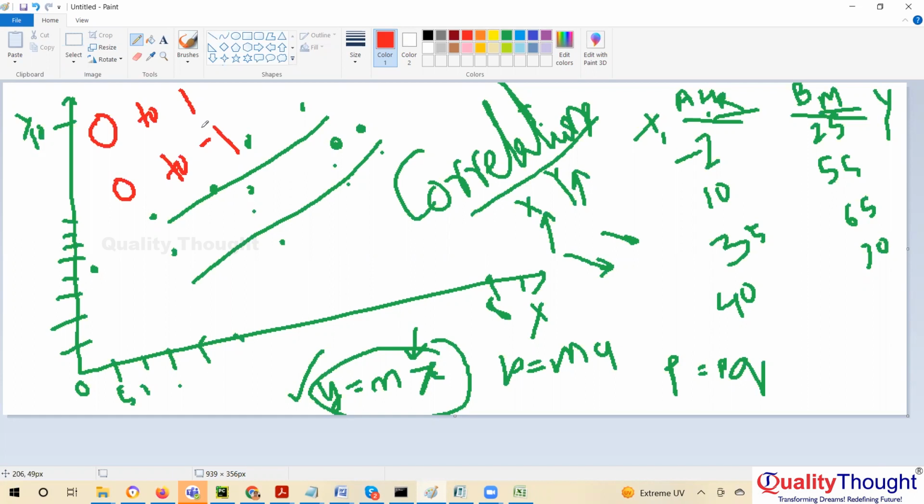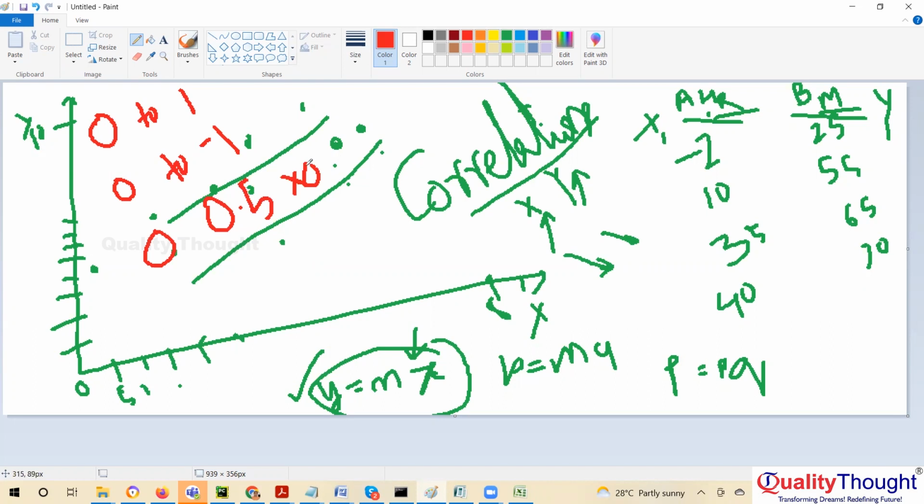Now if you calculate the correlation, if the value is between 0 and 0.5, typically we say there is no correlation. It's not possible to get exactly 0. You might get 0.1, 0.2. Generally up to 0.5, we say no correlation. Again, there's no hard and fast rule.